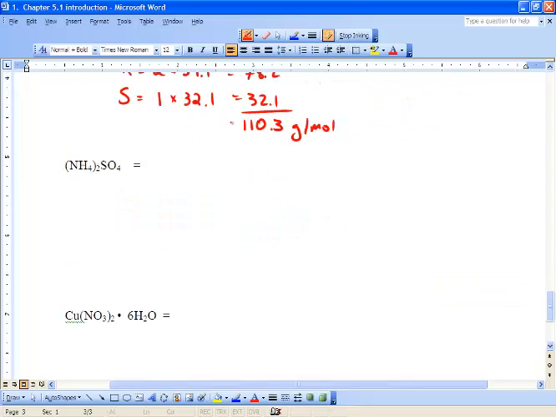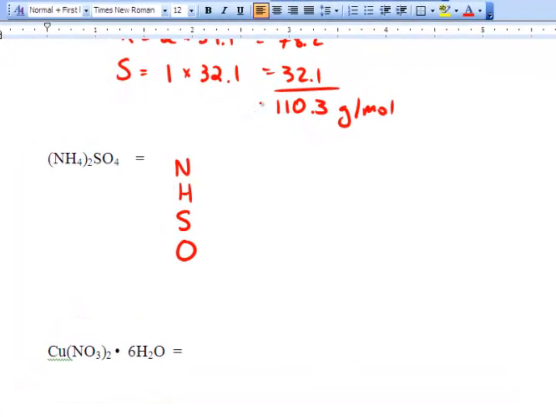Let's try ammonium sulfate. We've got N, H's, S, and O's. Remember this 2 affects everything. So we have 2 nitrogens, and now it affects the H here, and we're going to have 8 hydrogens. Our sulfur, we only have 1, and we have 4 oxygens. On the periodic table, the molar mass of nitrogen is 14 grams. Hydrogen is 1 gram.